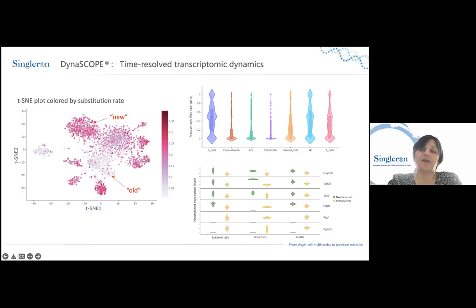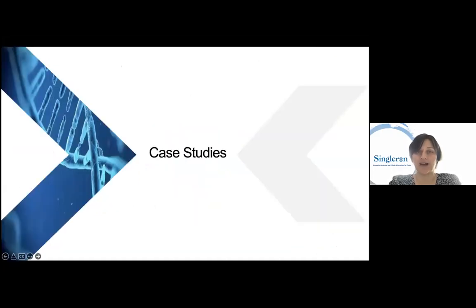We separated the expression of these new and old transcripts across 3 different cell populations: the epithelial cells, fibroblasts, and the B cells. For the gene Pilgricht, we can see that the epithelial cells and the B cells were synthesizing quite a lot of new transcripts, whereas the fibroblasts were basically surviving with the old transcripts for this gene. So this is an example of what kind of data you can get using our products.